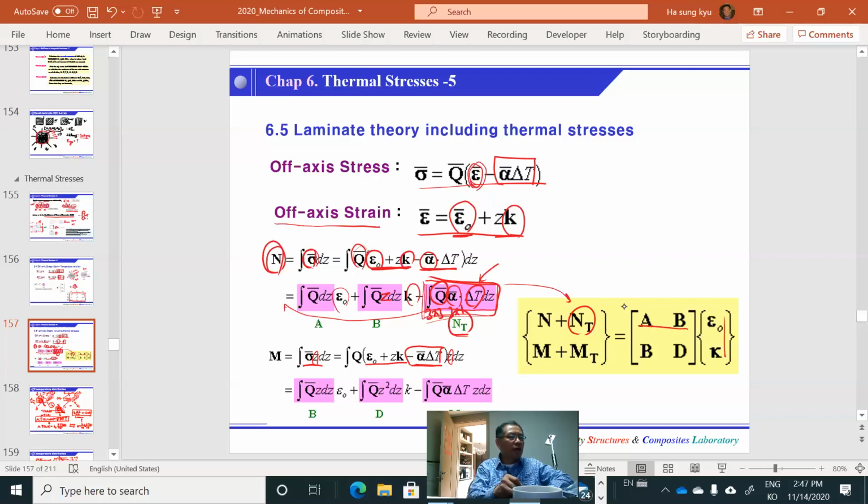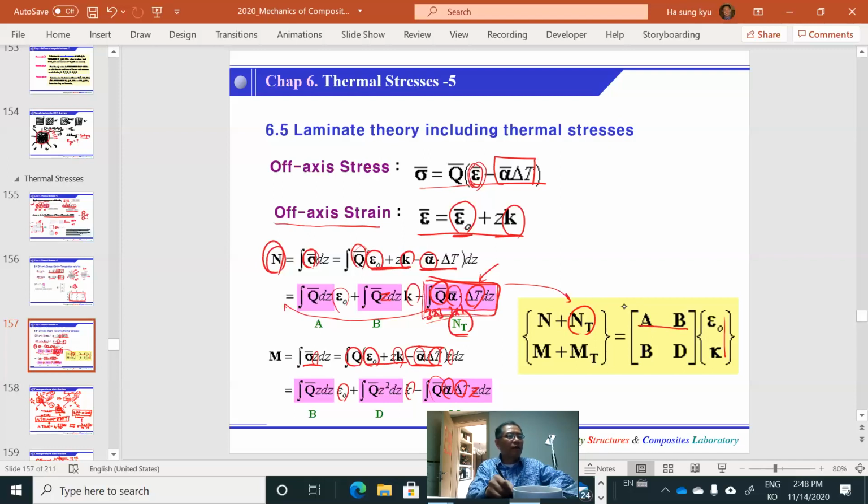Let's integrate, same as before, and epsilon 0 and curvature are constant, independent of the laminate, so they are integrated out of z. Now here we have new terms: Q bar, alpha bar and delta T, and there's a z here.